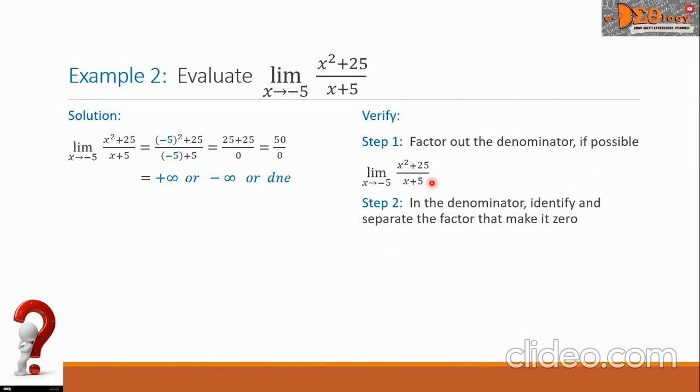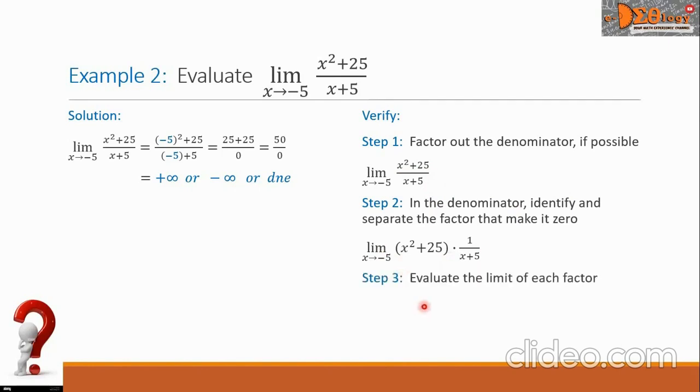There is no other factor than the denominator itself, so we're going to separate it from the numerator. So it will be like this: the limit of the quantity x squared plus 25 times the fraction 1 over x plus 5 as x approaches negative 5.